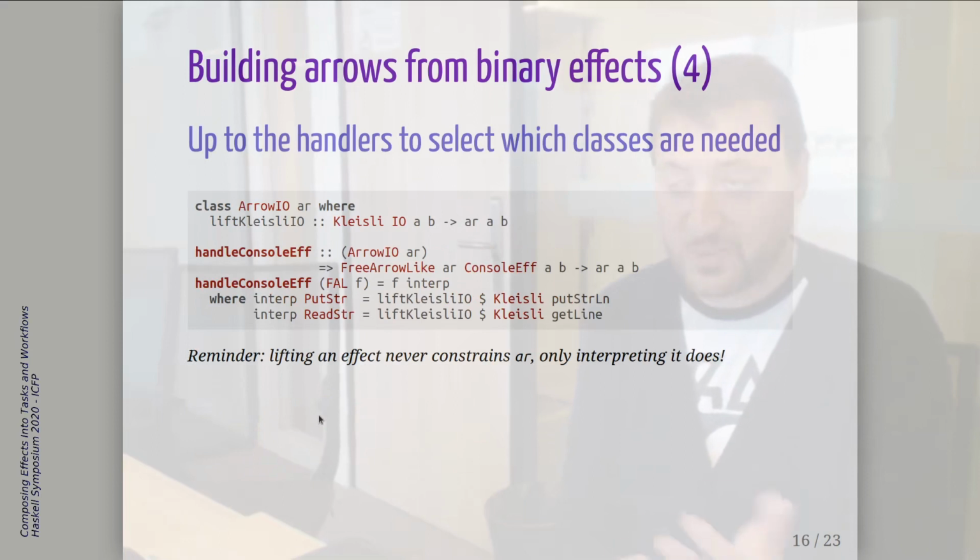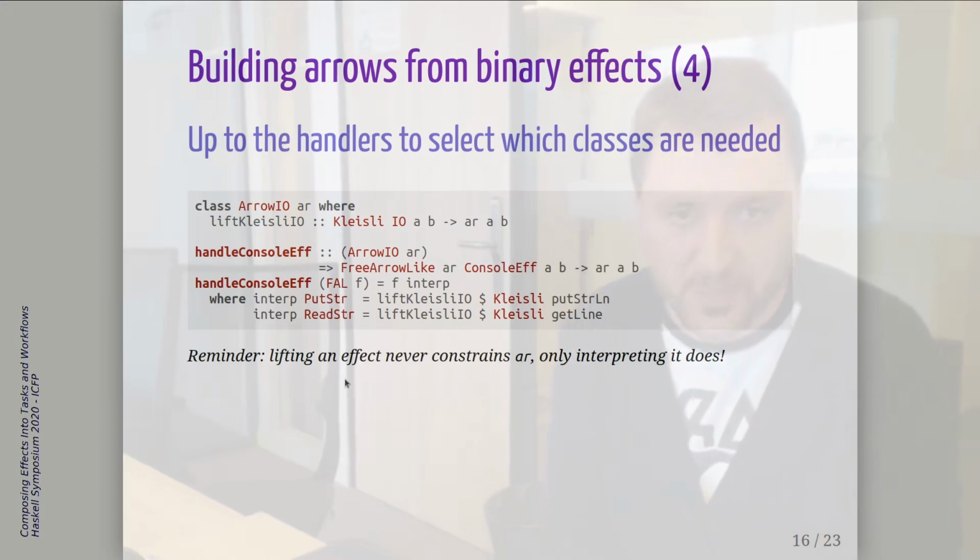And so it will be the job of the handler, of course, to ask now which kind of constraints it would place on our core effect, on the target of our interpretation.